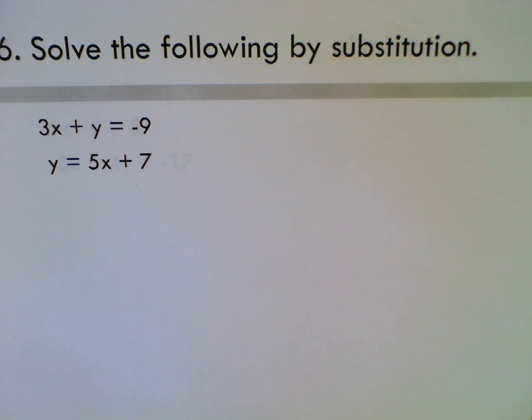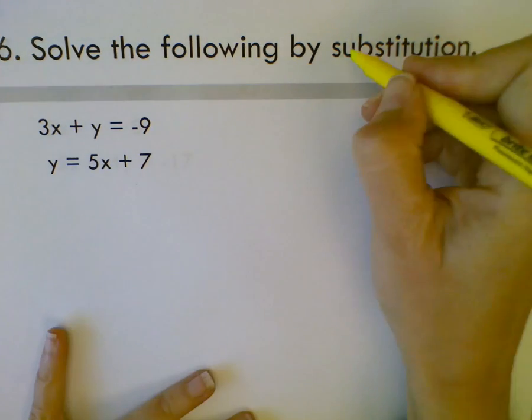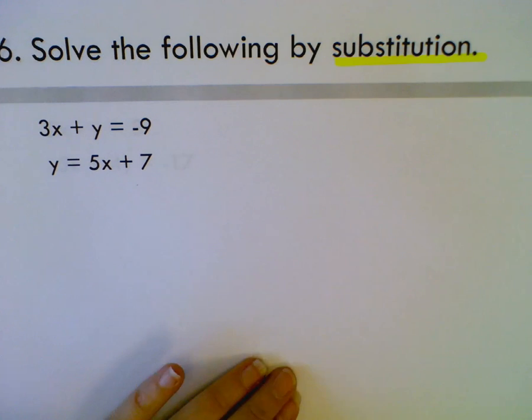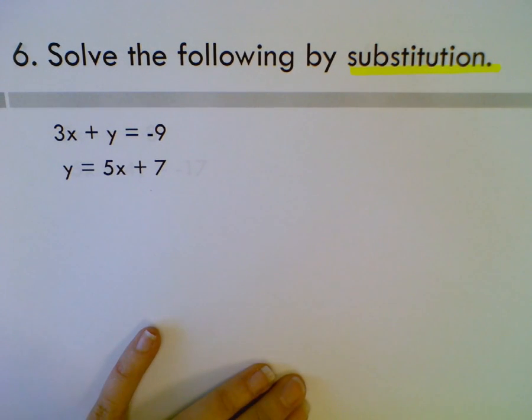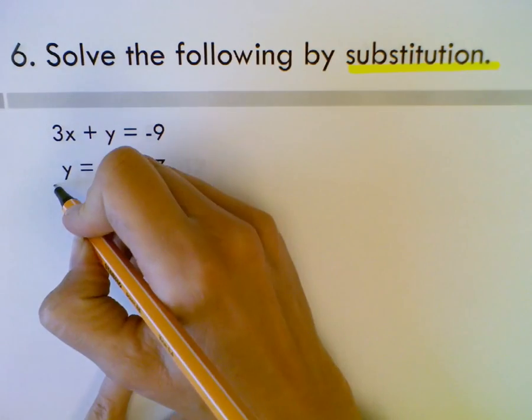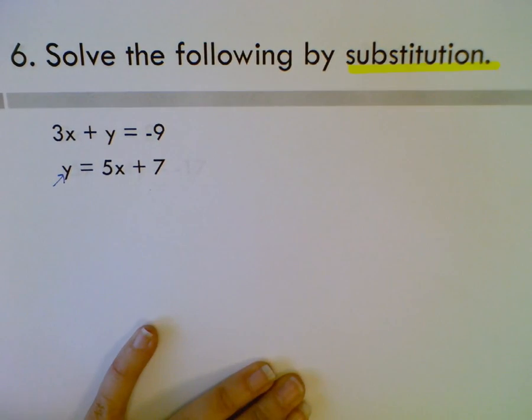Number 6. This one says to solve by substitution. All right, by substitution. Make sure you're using the method that is indicated. Now, with substitution, the first part is to make sure that you have one equation that is solved for a single variable. In this case, I already have an equation that is solved for y.